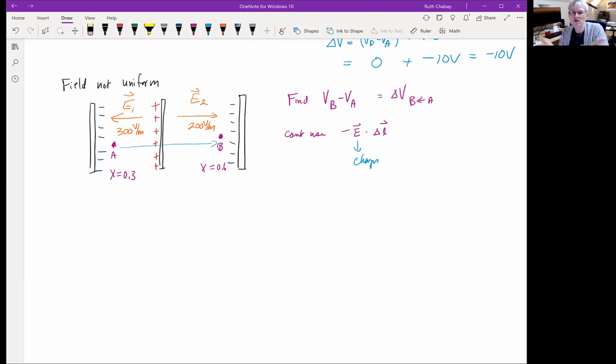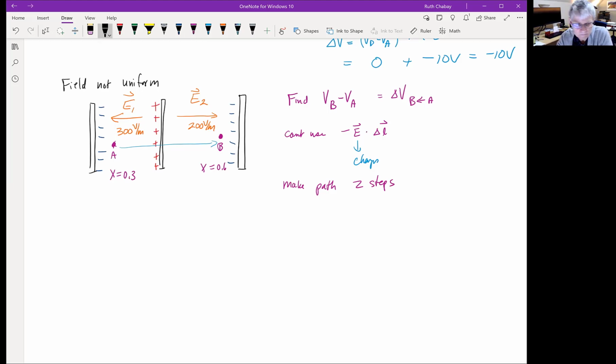We're going to make this a two-step path. Instead of going from A directly to B, we have to invent a new point.